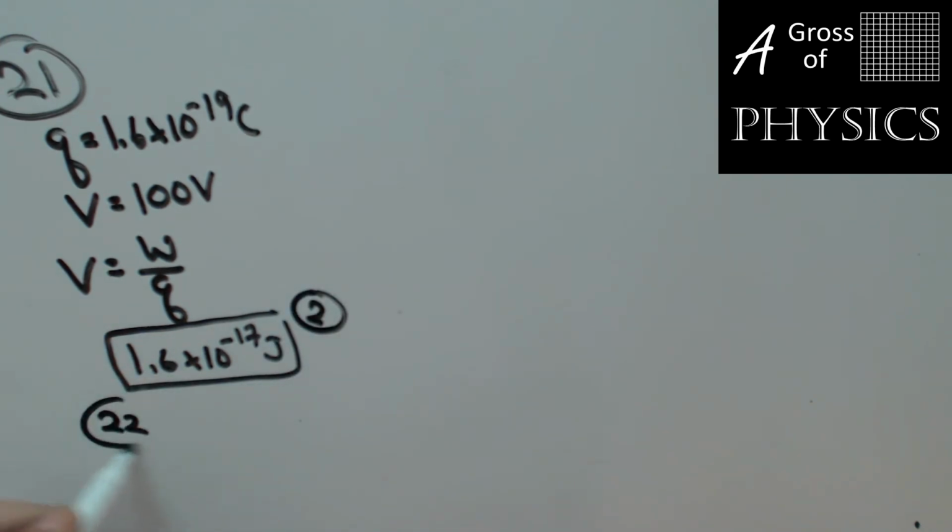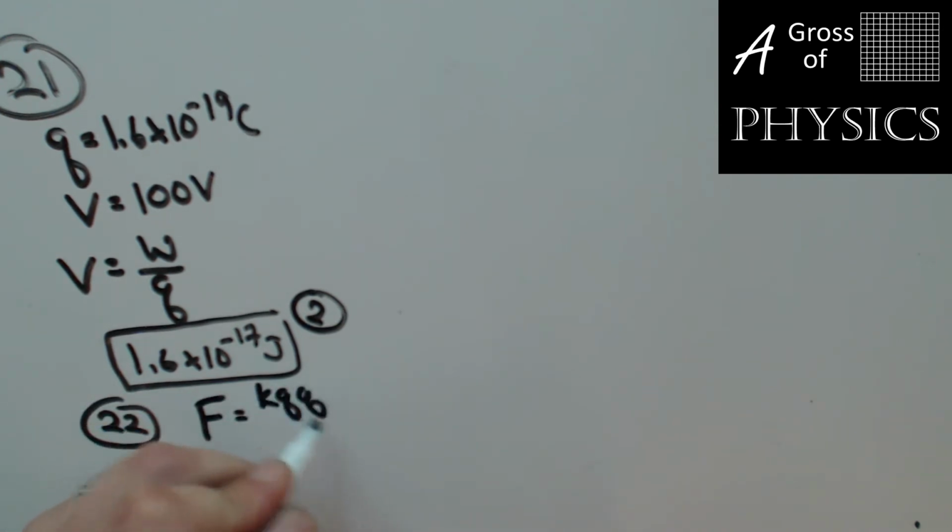All right, 22. Two charges 2 meters apart repel each other with a force of 2 times 10 to the negative 5 newtons. If the distance is decreased to 1 meter, the force of the repulsion will be. So in this case, we have KQQ over R squared. Everything stays constant on the top, and I'm going to halve my distance.